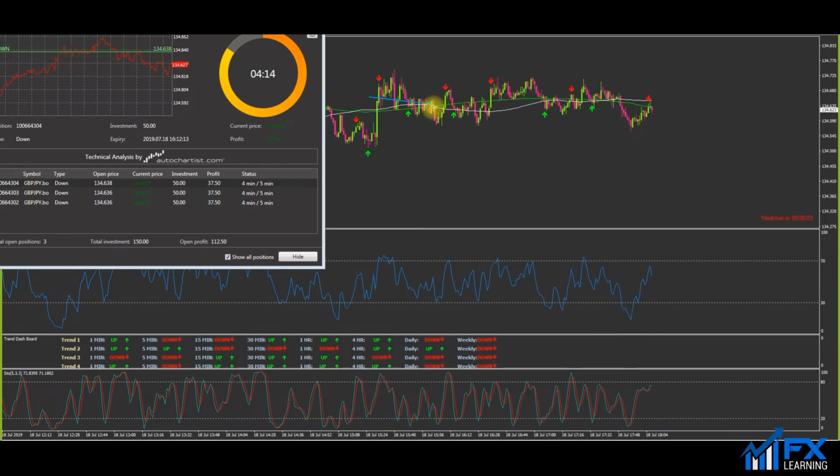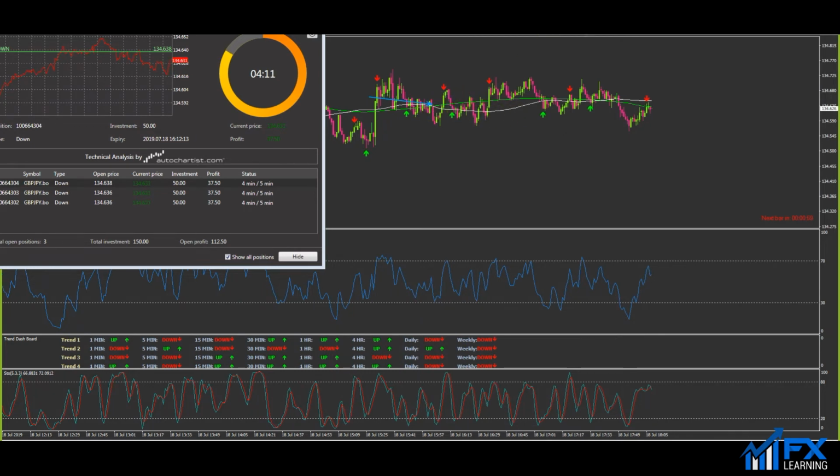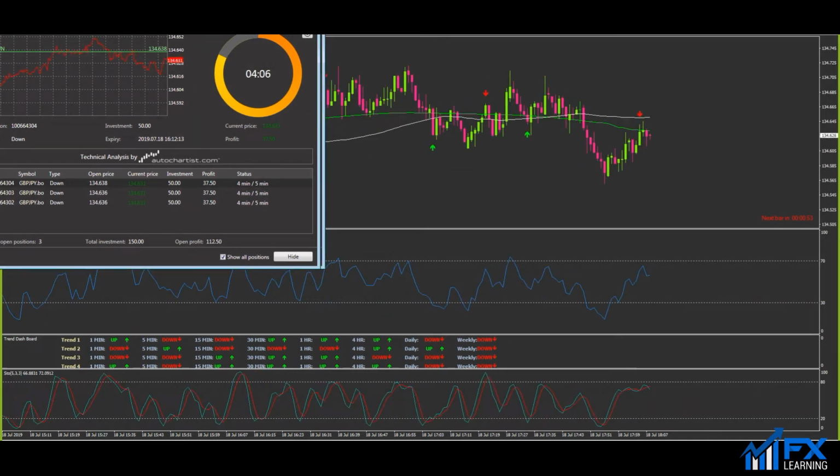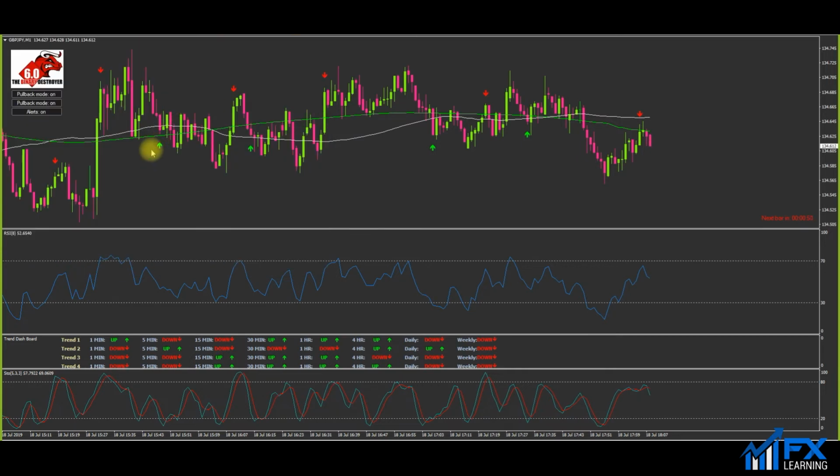If you look at the white and the green zones, price is just zigzagging in between them. If I just get this out of the way for a second, you notice white's crossing the green, then green's crossing again here. That's telling me price is consolidating, it's going sideways. This is just ranging.